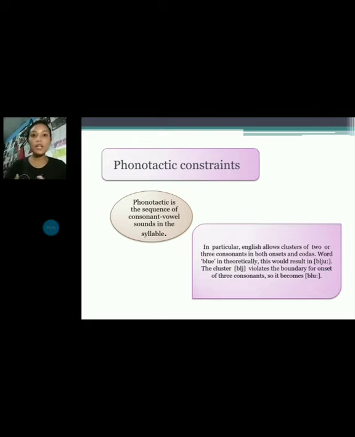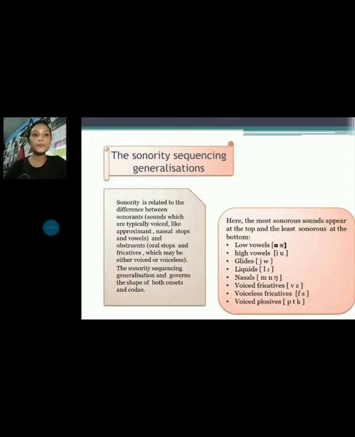For example, in the word blue, theoretically, this word results in b, l, y and long u. The cluster b, l, and y violates the boundary for an onset of 3 consonants. So it becomes blue, with the sounds b, l, and long u.